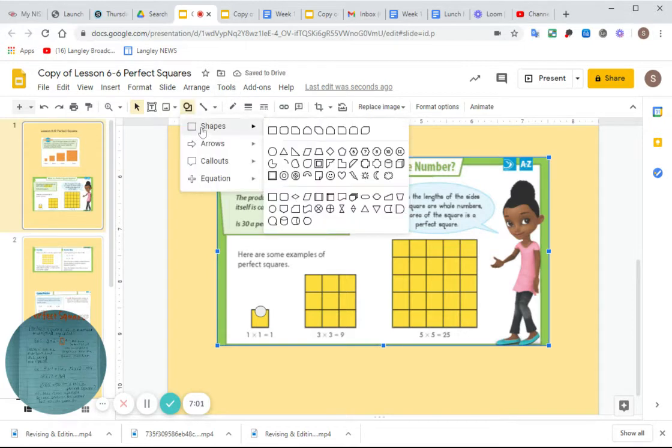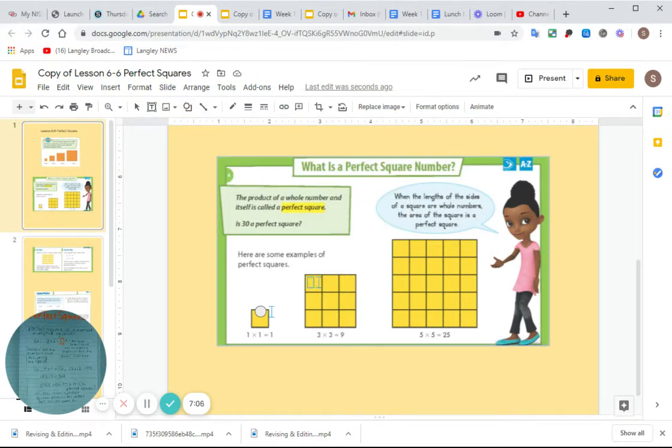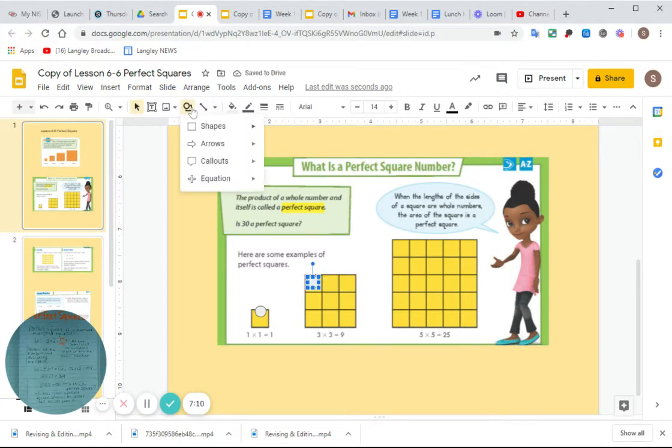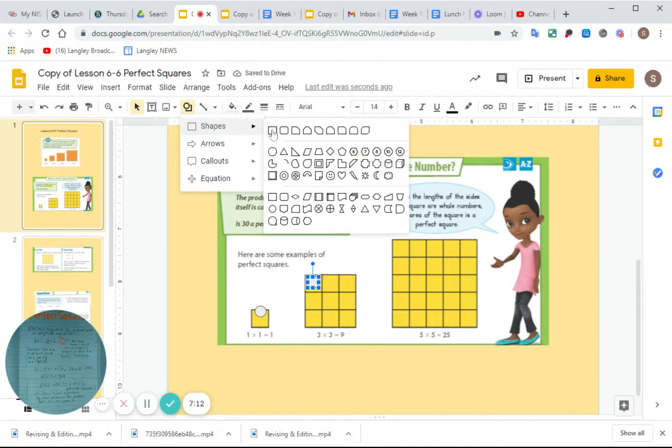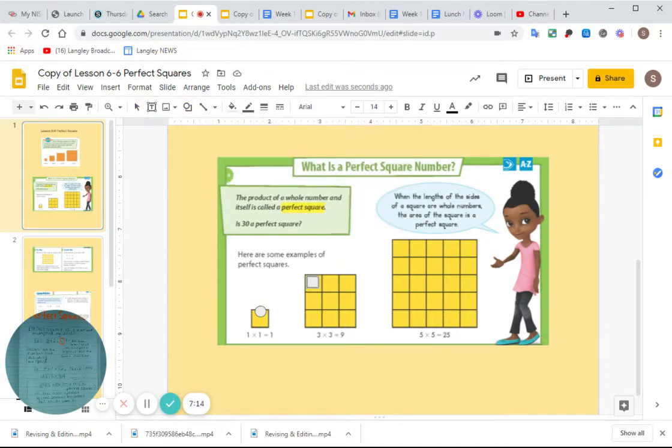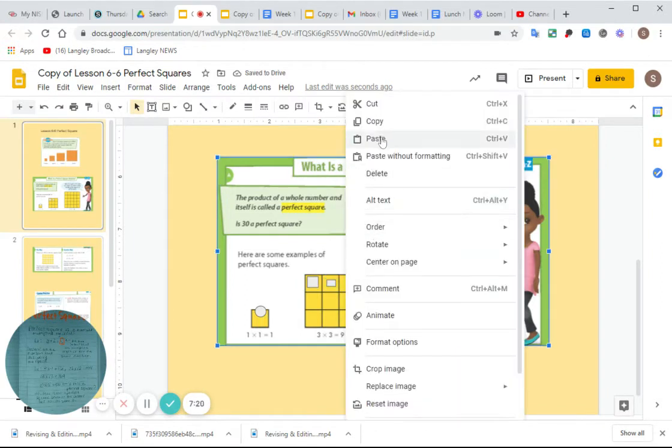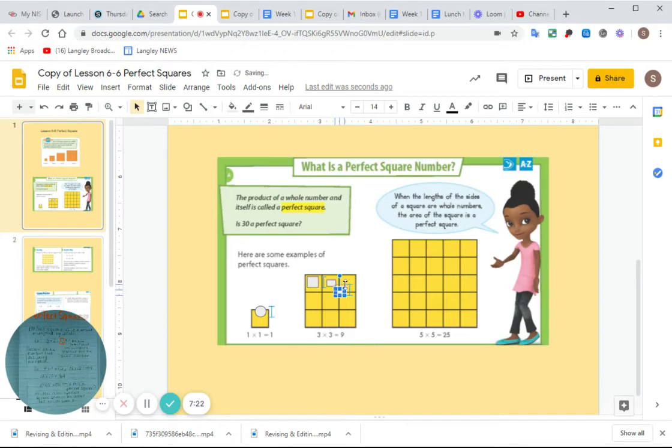I have 1. Let me get my shapes here. Or actually, let me do a square. I have 1, 2, 3.